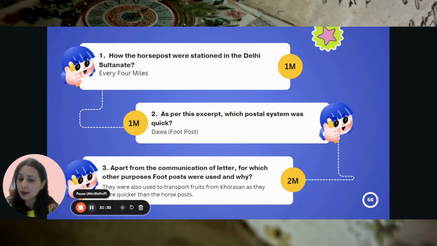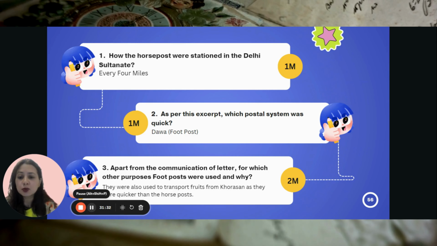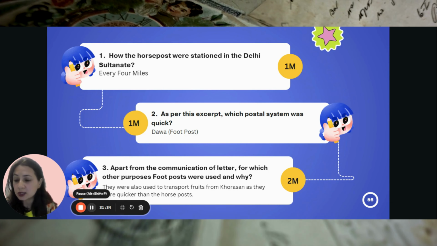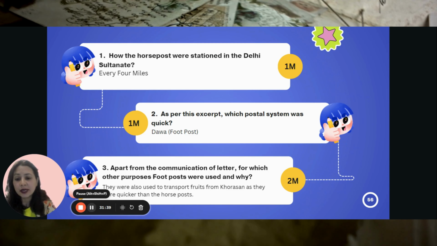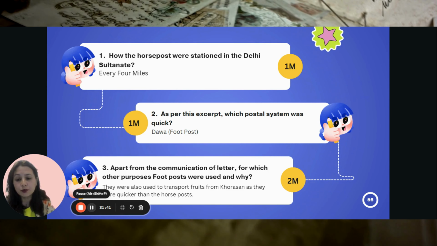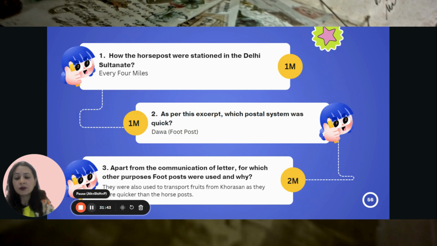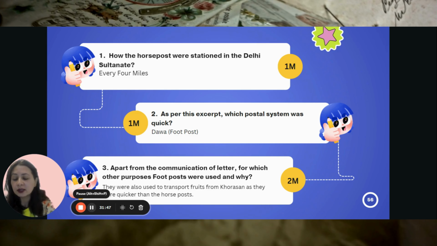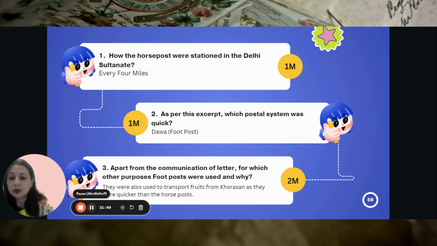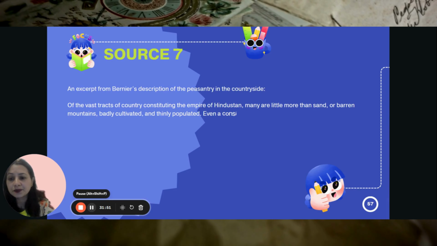That was after every 4 miles. As per the excerpt, which postal system was quick? Dawa, that is the foot post. It was faster. Apart from the communication of letters, for which other purpose were foot posts used and why? They were used to transport fruits from Khorasan as they were quicker than the horse posts. Direct. All the three questions are direct here.